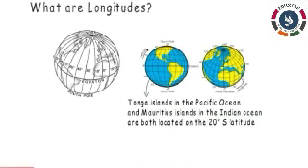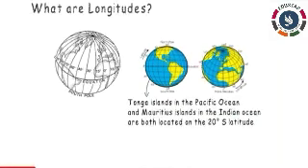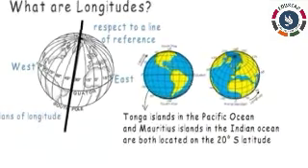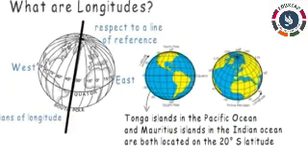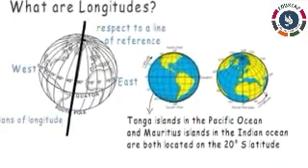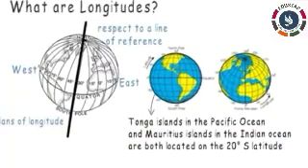Now, in order to locate them precisely, we must find out how far east or west these places are from a given line of reference running from the North Pole to the South Pole.